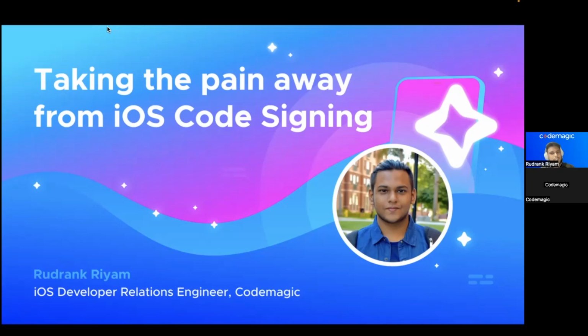It streamlines the code signing process and makes it easy to set up and manage your code signing identities, the certificates, and the provisioning profiles. With Codemagic, you can automate the signing process, which makes it much easier and faster to get your app ready for distribution.